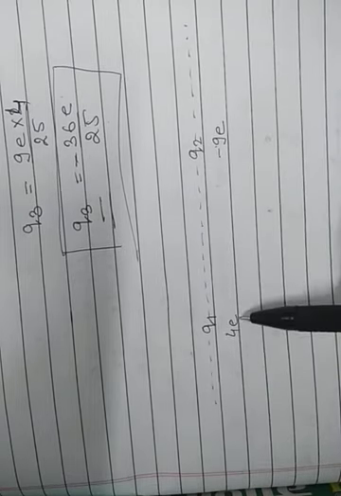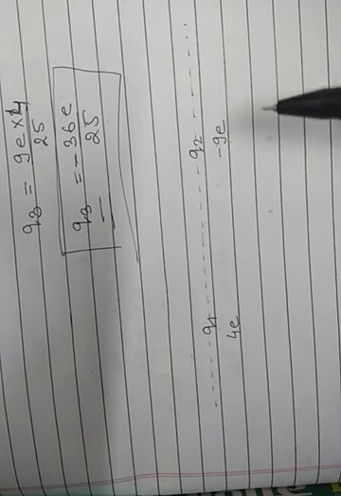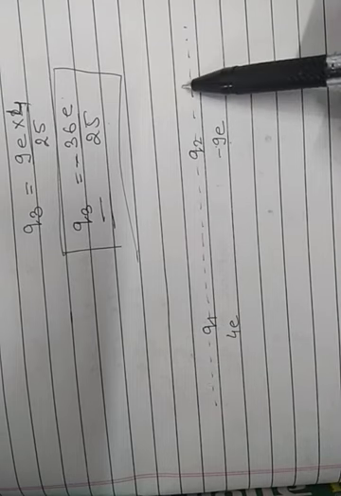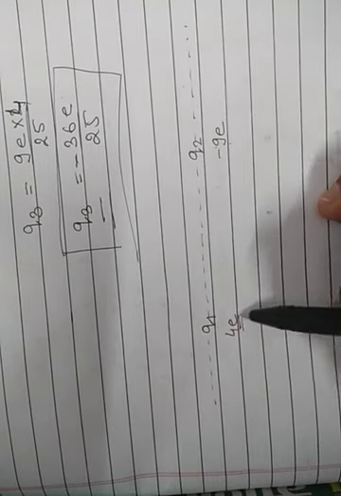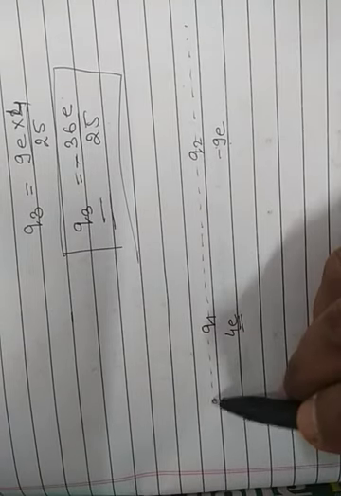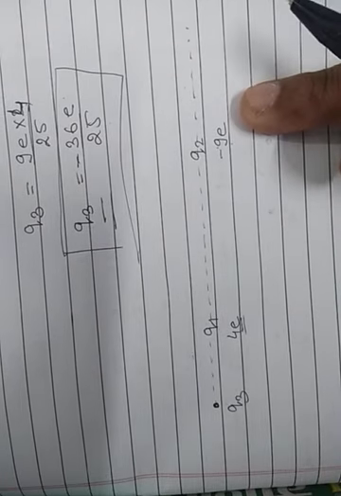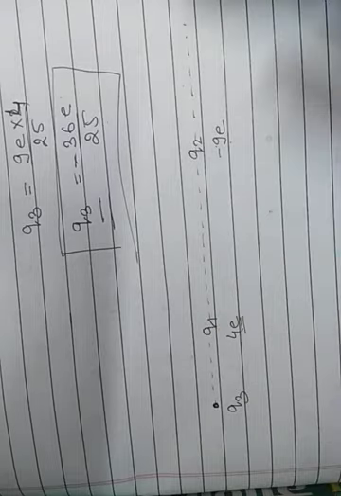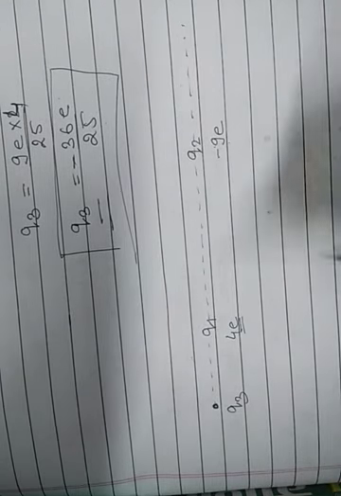But if two charges are of opposite nature, just remember, it will be placed outside the two charges and towards the smaller magnitude of charge. So here 4e is the smaller charge, so I will place Q3 here.